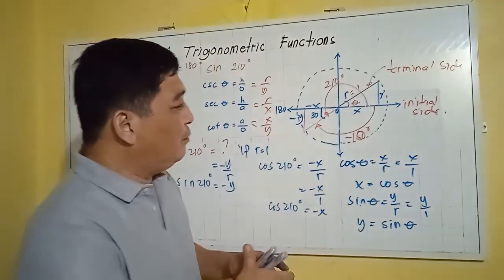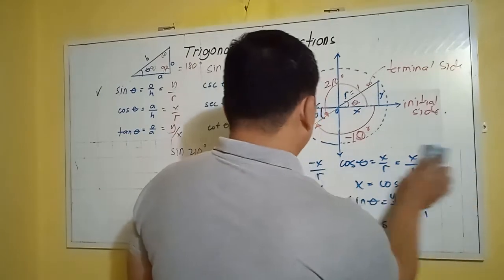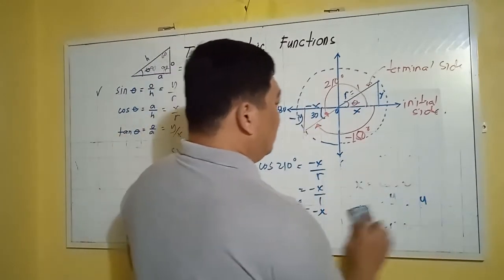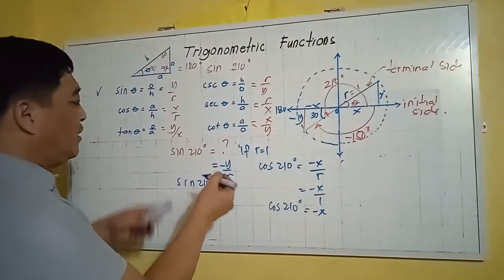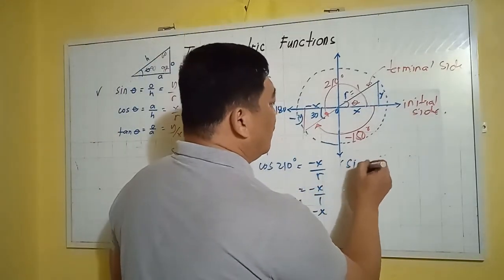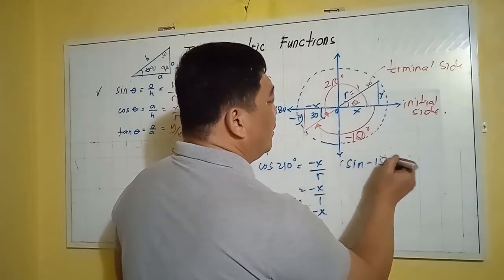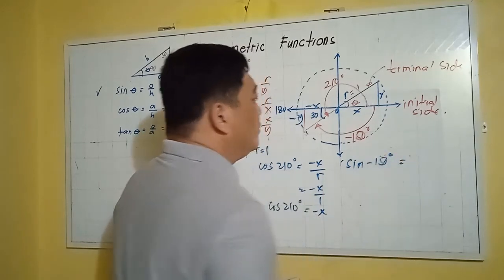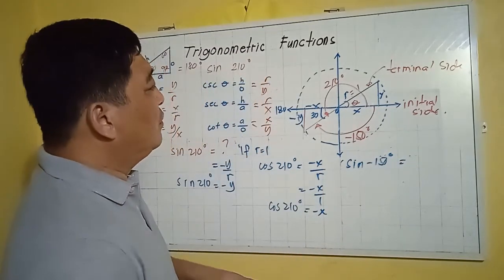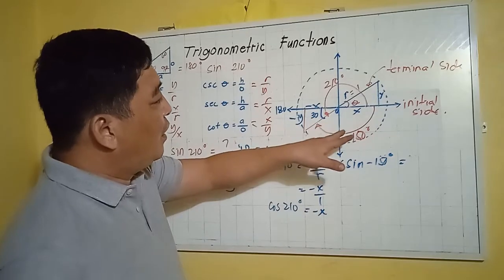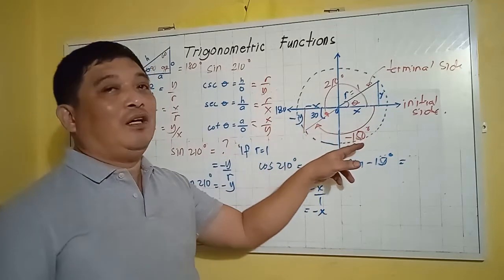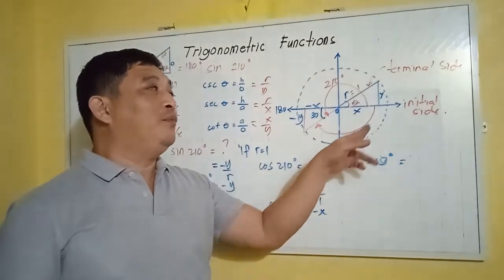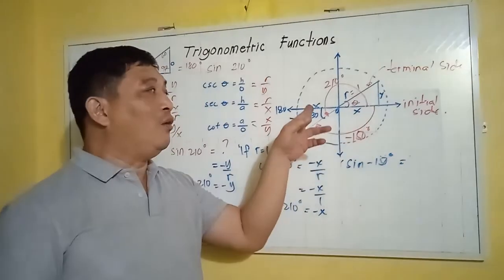If we have a negative 150 degrees, say sine negative 150 degrees, dahil pareho lang naman yung angle with respect to x-axis na ma-generate natin out of negative 150 degrees if we're going to rotate it clockwise.